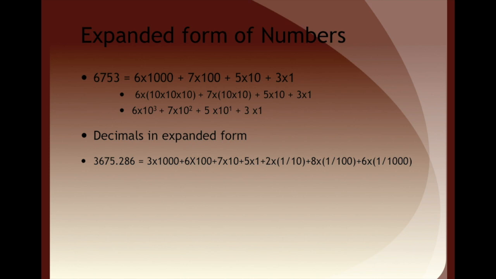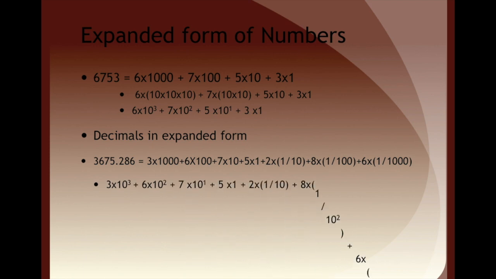Plus, now since 2 is at the 1/10th place, we write 2 into 1 by 10, so it becomes 2 by 10. 8 is at the 100th place, so we write 8 by 100, or we can say 8 into 1 by 100. 6 is at the 1000th place after the decimal, so we can say 6 into 1 by 1000.